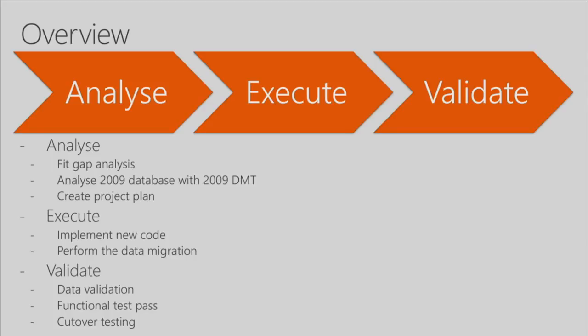During the execution phase, you implement whatever new feature you want to implement. If anything makes sense to move forward, you move it forward. Also, you need to perform data migration, which is what we're going to focus on here. In the validation phase, we shipped a validation workspace, which Robert is going to get into the details of.